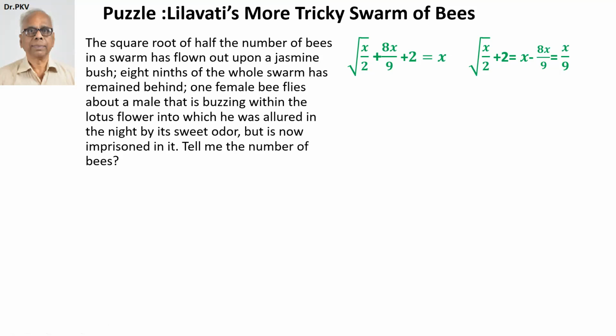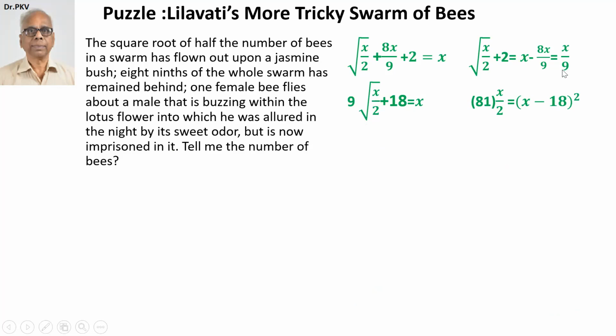Now, you simplify this. This will be root of X by 2 plus 2 equal to X minus 8X upon 9, which is equal to X by 9. So now from this, how do we obtain the second one?